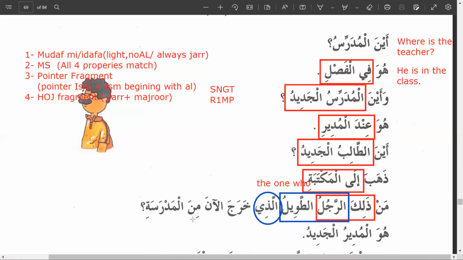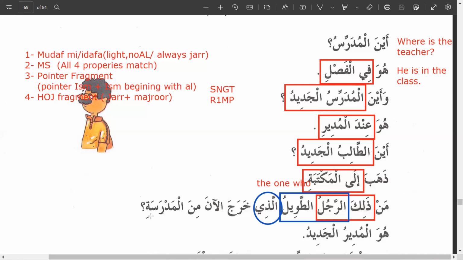What about minal madrasati? Yes, but it would be... Mina is not harf, sorry, min is harfjar. Right?